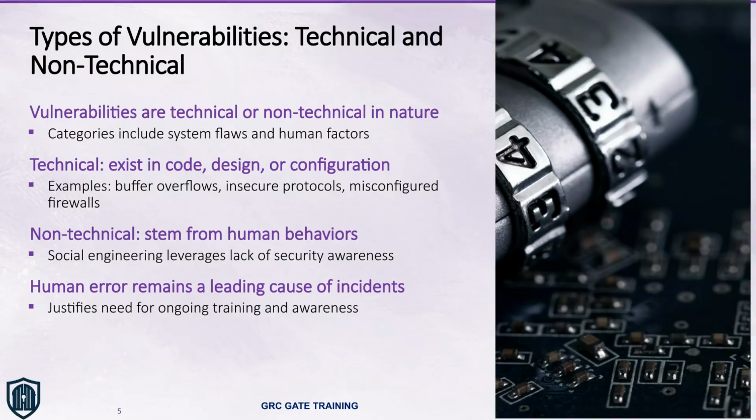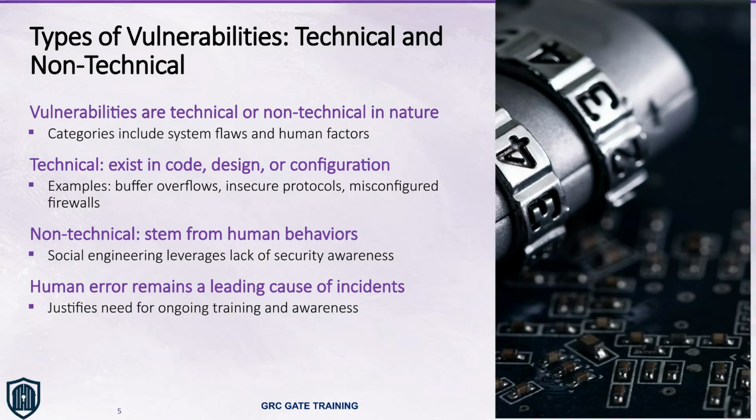Non-technical vulnerabilities, by contrast, are rooted in human factors. Social engineering is a prime example, where attackers exploit the lack of security awareness among employees. An attacker might craft a convincing email that persuades an employee to disclose login credentials or click on a malicious link, thereby circumventing technical controls through psychological manipulation.